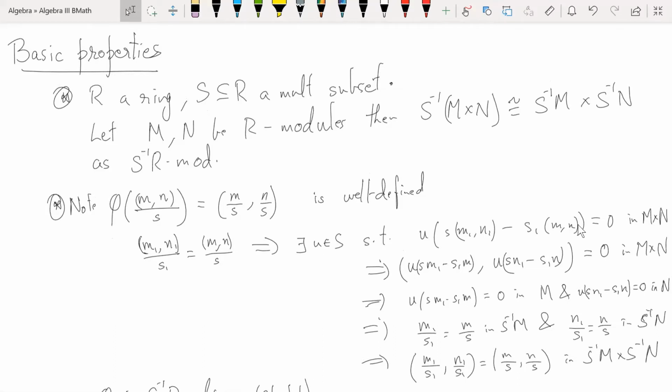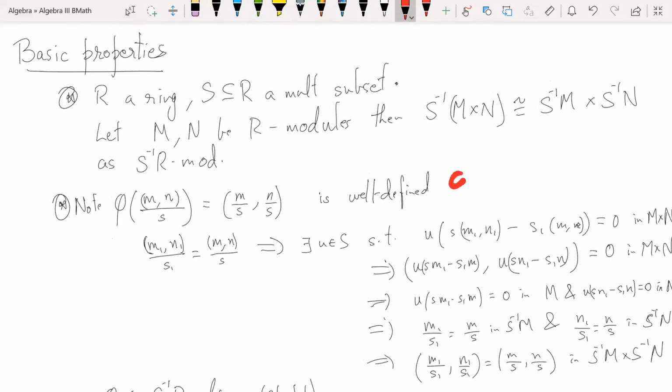So we define this map phi. Note phi is a well defined map from S inverse (M cross N) to S inverse M cross S inverse N. The way we have defined it, phi of (m, n) over s is equal to (m over s, n over s).